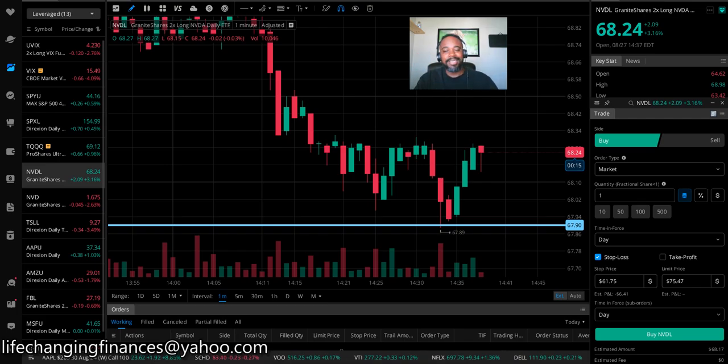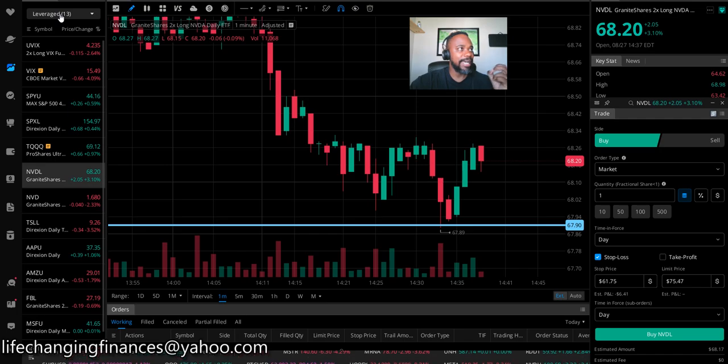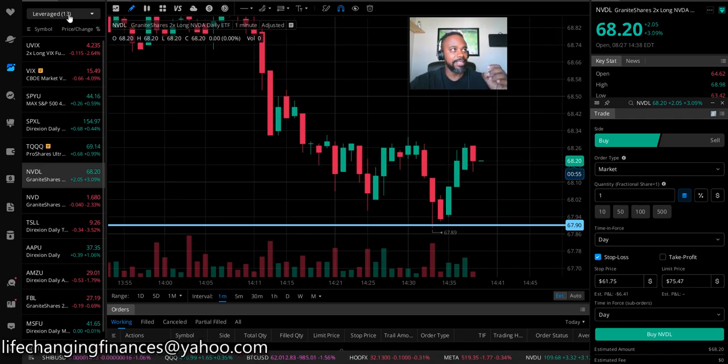And today we're actually going to work inside Webull, because I believe Webull is one of the simplest brokerage apps you can use to day trade. Now, in the left corner here, you can see that I have my leverage ETFs that I like to trade daily.